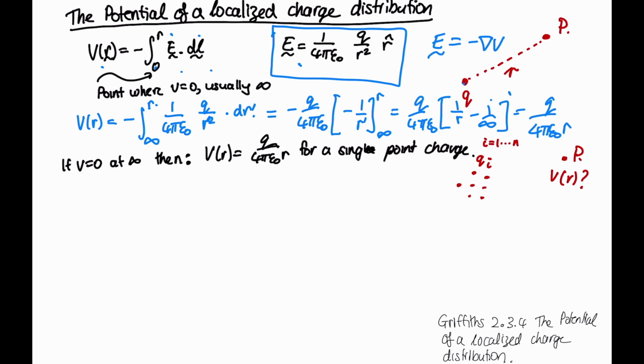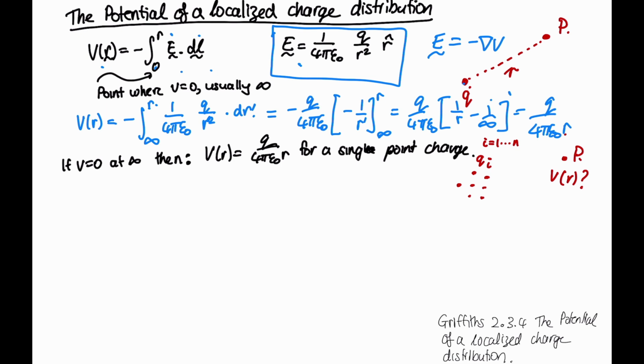Well, we've already shown that potential obeys the law of superposition. So all we need to do is sum these up for all these charges. Now, remember that r is the distance from our point P to the point that we're considering, so that is going to be different for each of those charges.